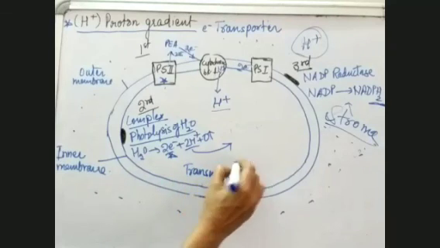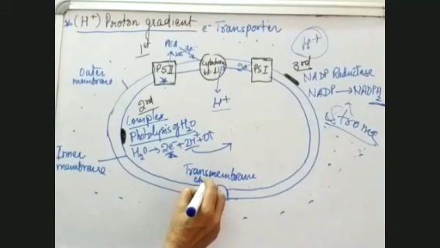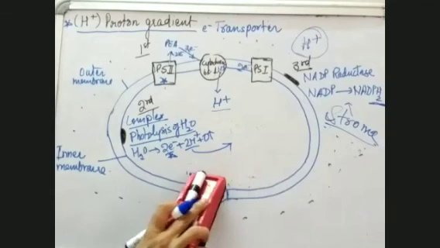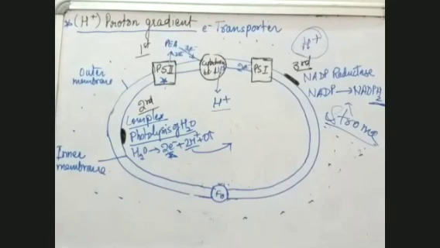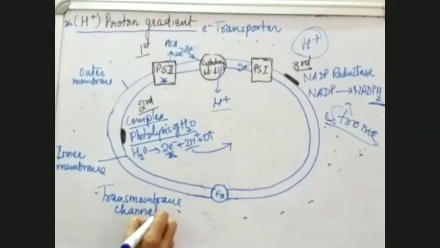So you must have understood what this is. This is a transmembrane channel, which is a type of intrinsic protein. I'm writing here for you: transmembrane channel F0.